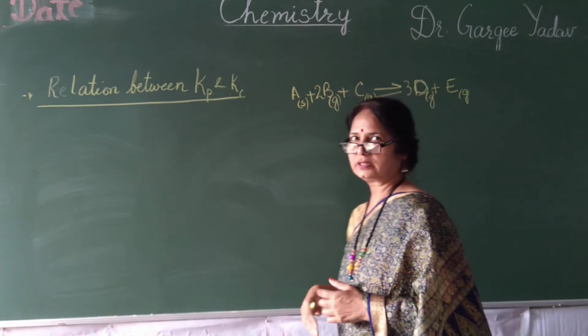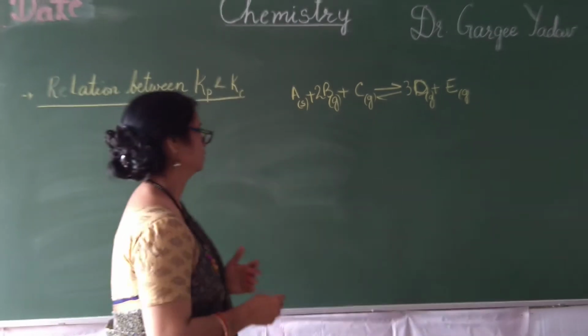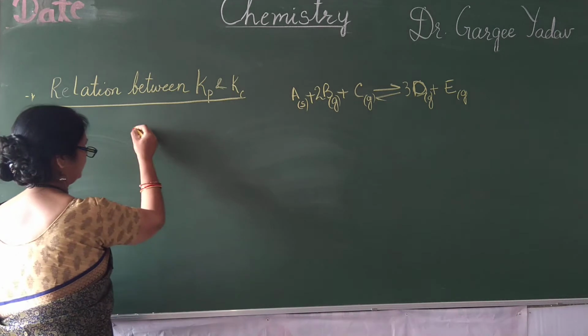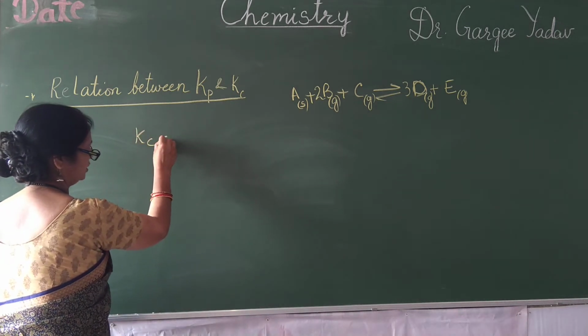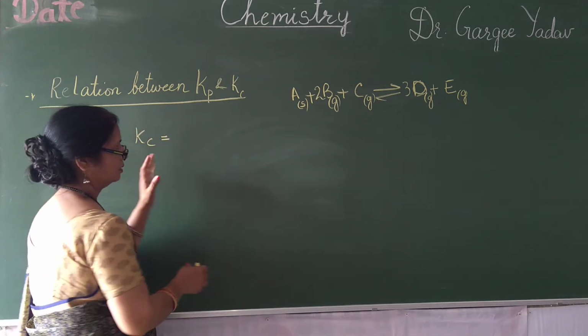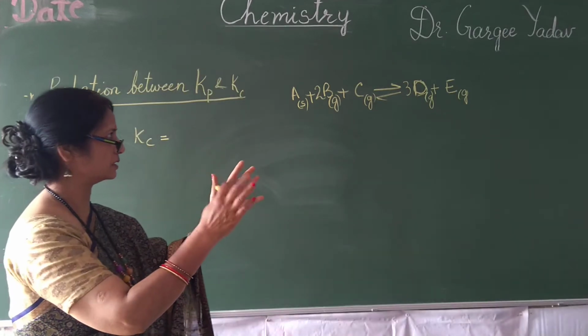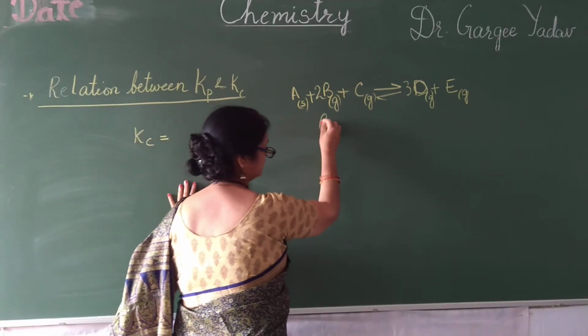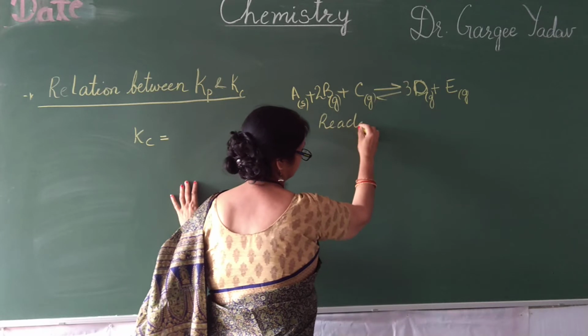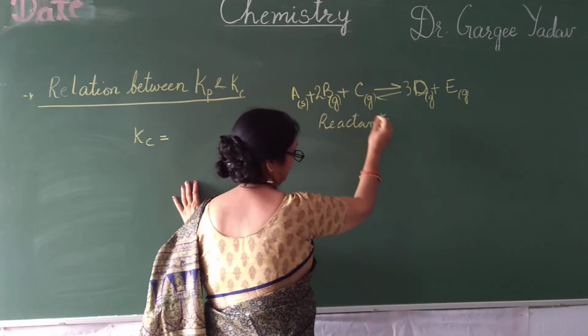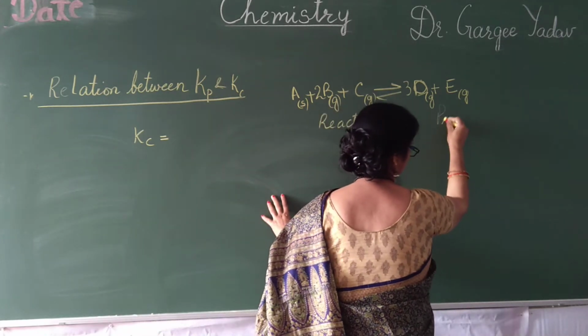So when we write the equation for Kc, how will we write Kc? Kc will be equal to how much? Active masses of the products. These are our reactants and this is our products.